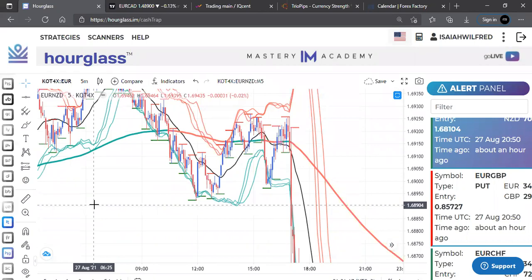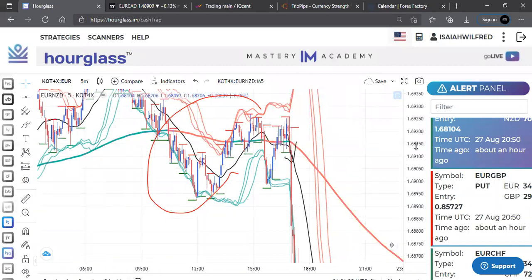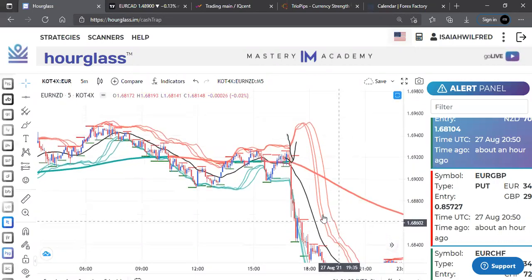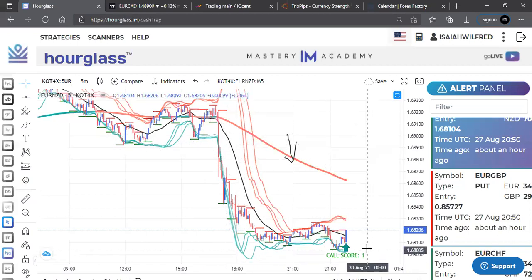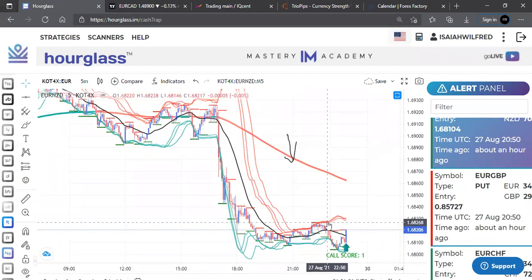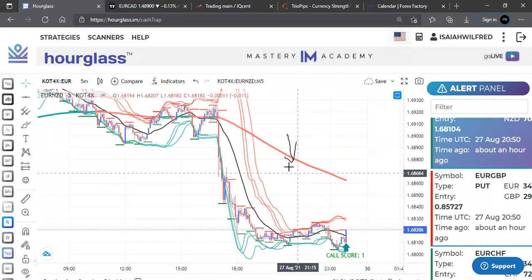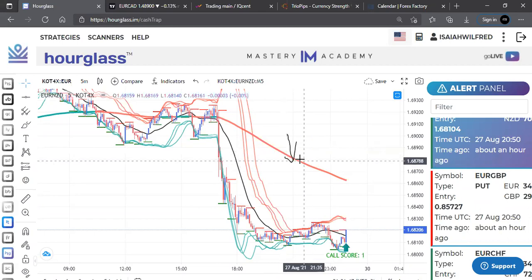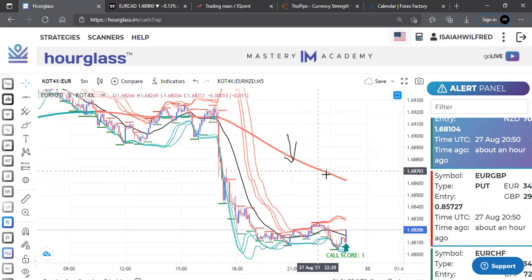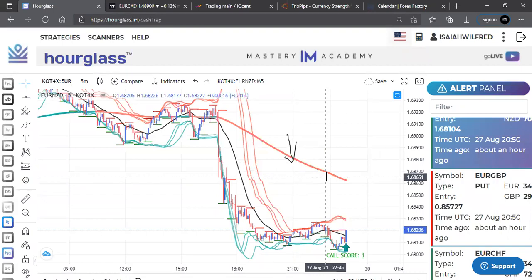Ever since the market came below the EMA, the EMA turned red, and it became a downtrend. In a downtrend, all we are doing is selling. In an uptrend, we are buying. Once the EMA is red, we are in a downtrend. Once the EMA is green, we are in an uptrend. So we are buying in uptrends and selling in downtrends.